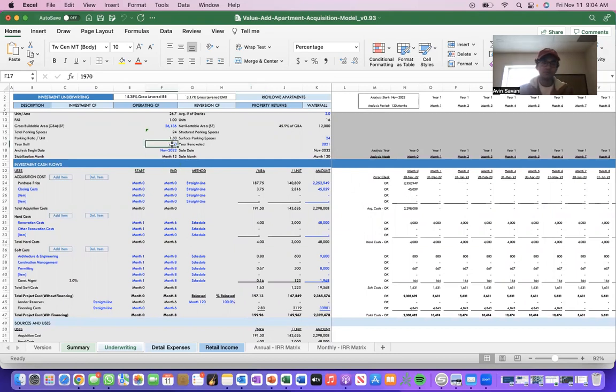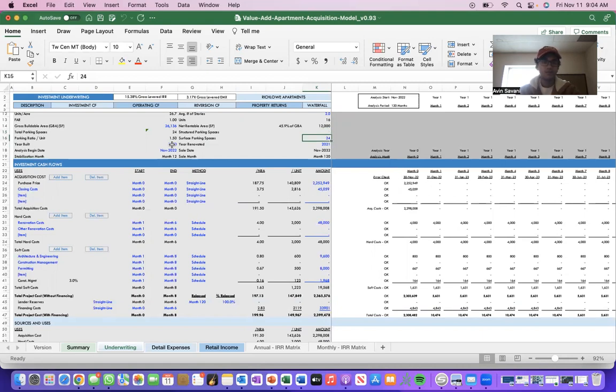Those are two important dates. You'll see the surface parking spaces, the structured parking spaces, the net rentable area, the amount of units, and the average number of stories. So let me just hop right into this.